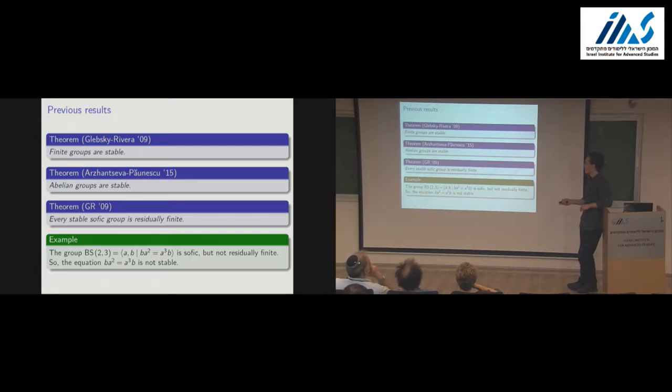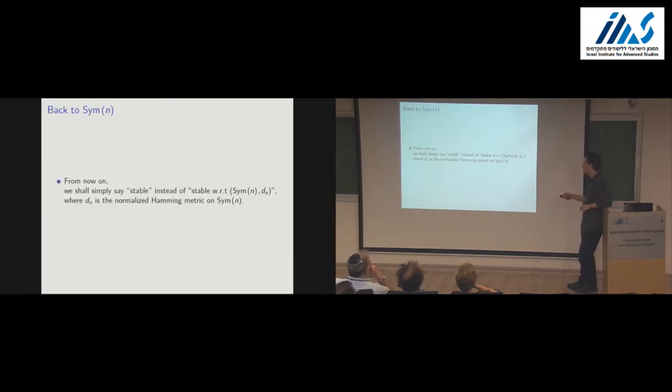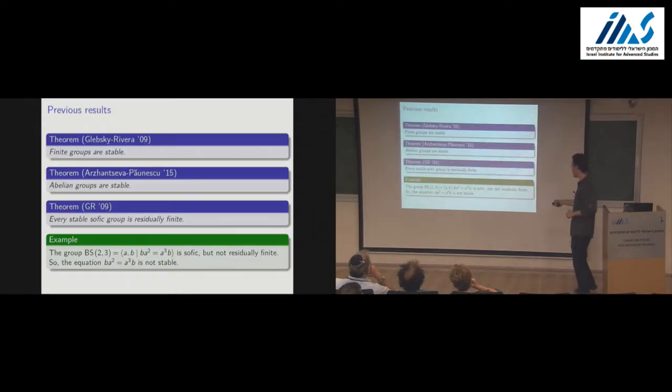I see. But okay, so I can say something then. For this particular group, the hard part is to prove that it's sofic, but not that it's residually finite. And what it means is that if you take those permutations that give me this negative result, I can look at the graph whose vertices are the numbers 1 to n, and it's the graph of the action by those two permutations.